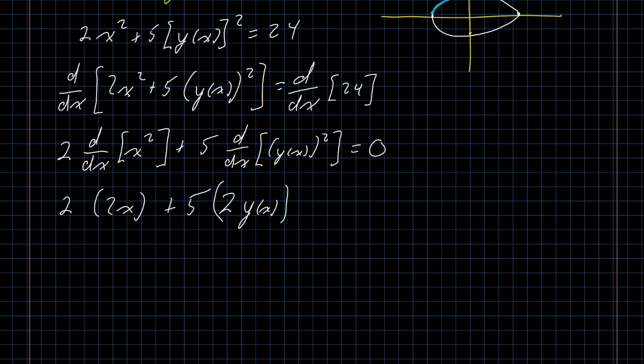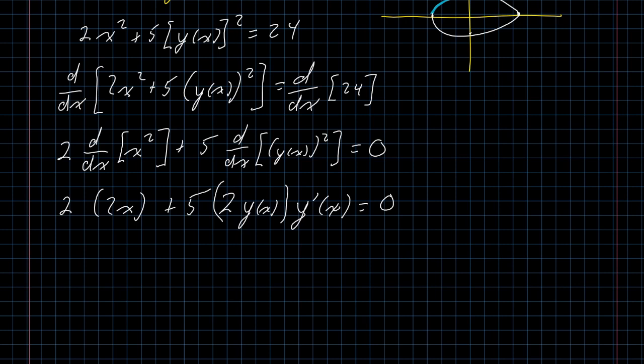So I have to use the chain rule. When I take the derivative of y squared with respect to x, I get 2 times y, and then multiply by the derivative of the inner function, y prime of x. It seems a little bit messy at first, but as you get used to it, it will become second nature, I promise.